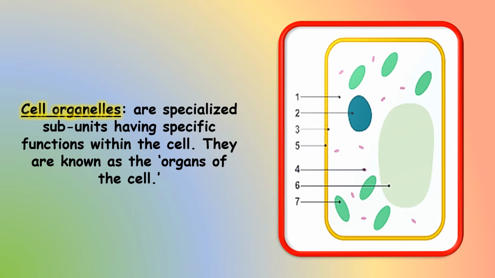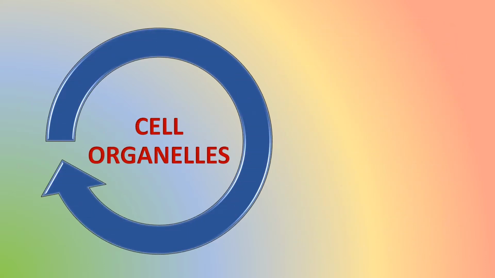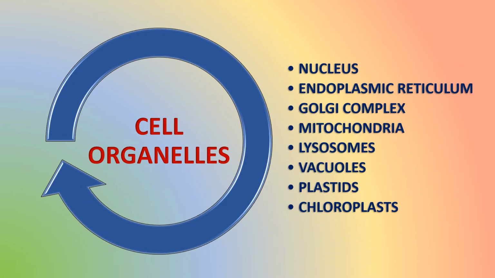Okay, so you see 1, 2, 3, 4, everything marked are the organs of the cell called cell organelles. In plants, we have the nucleus, endoplasmic reticulum, Golgi complex, mitochondria, lysosomes, vacuoles, plastids, chloroplast as the cell organelles.